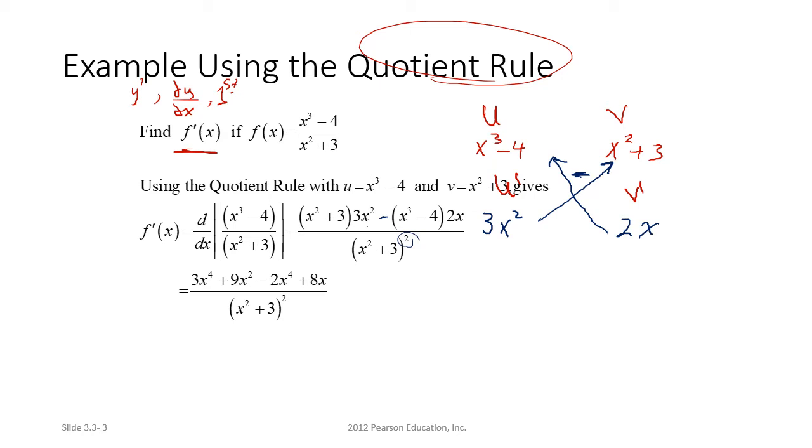Simplified, multiply 3x squared by x squared and 3x squared by 3, and 2x by x to the power of 3 and 2x by negative 4. Notice that negative times negative gives me positive. Then I'm going to add the like terms: 3x to the power of 4 and negative 2x to the power of 4 is 1x to the power of 4, plus 9x squared plus 8x.